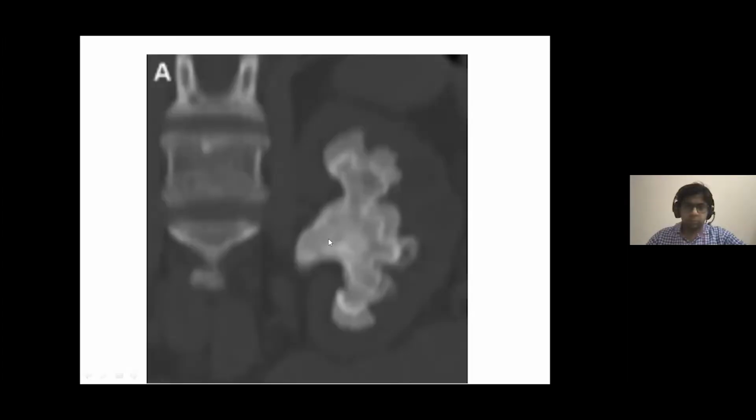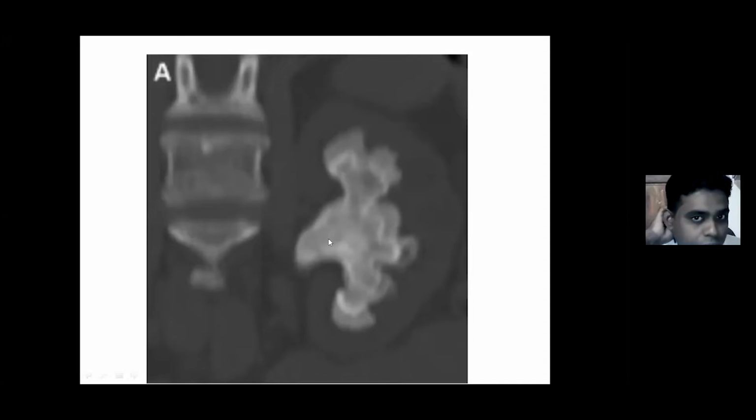I hope that my screen won't cause any issue. Can you all see the screen? Still not sharing. Yes, sir, Nandasena sir, you can start.